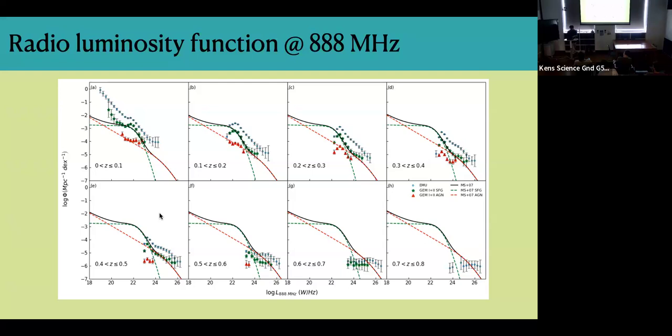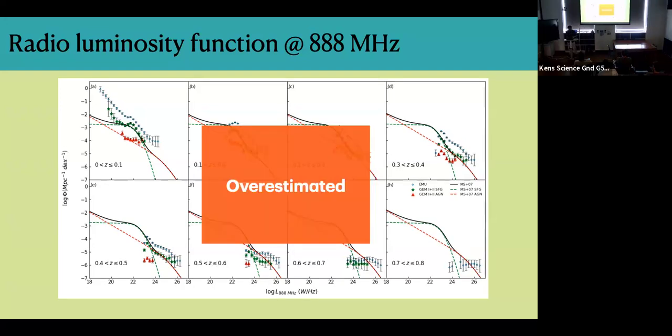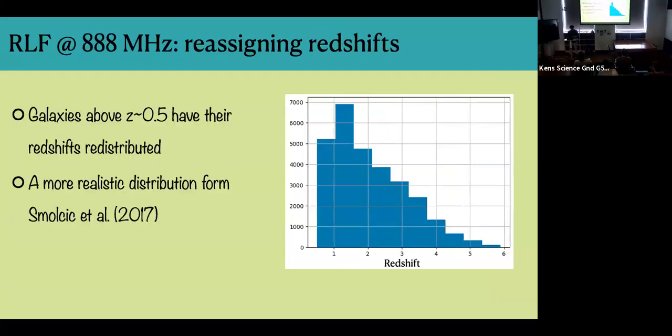This most probably happened because of the distribution that I talked about earlier, because for GEM3, those radio galaxies without an optical counterpart, it was closely following the reference sample. That's probably the reason why the overestimation happened in the low redshift universe up until 0.5. To mitigate that, instead of following the GAMA redshift distribution, I look for a much more realistic redshift distribution extending to higher redshifts.